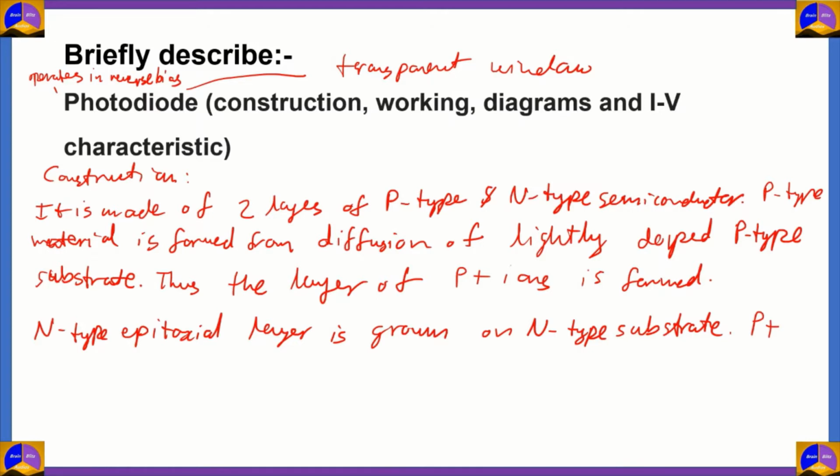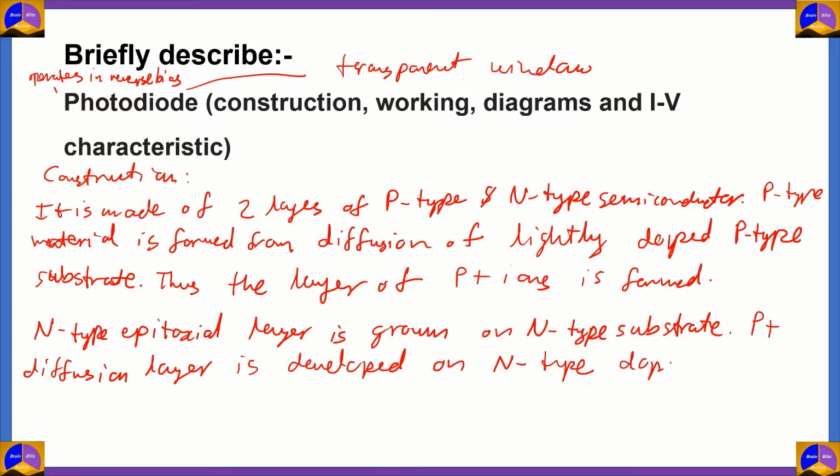P plus diffusion layer is developed on n-type doped epitaxial layer.